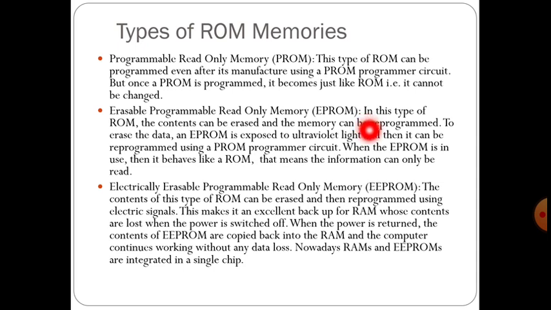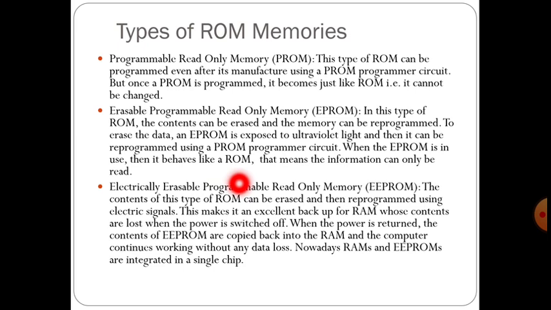In this type of ROM, the contents can be erased and the memory can be reprogrammed. To erase the data, an EPROM is exposed to ultraviolet light and then it can be reprogrammed using a PROM programmer circuit. When the EPROM is in use, then it behaves like ROM.